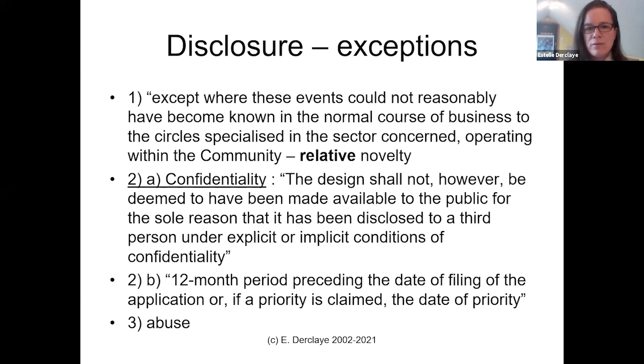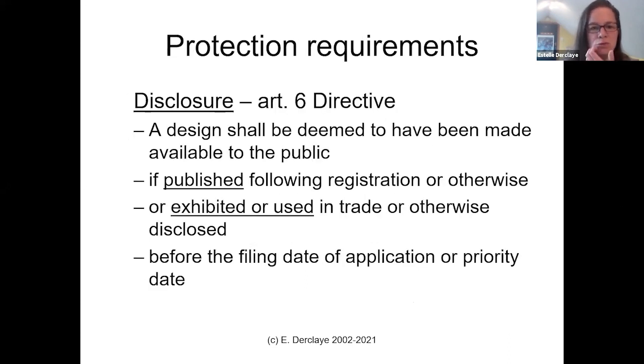Now, the important thing is you need to basically look at the prior art. So how do you look at the prior art? You look at when your design has been made, when you want to register it, and you apply for this design at the UK Intellectual Property Office or the EU Intellectual Property Office.